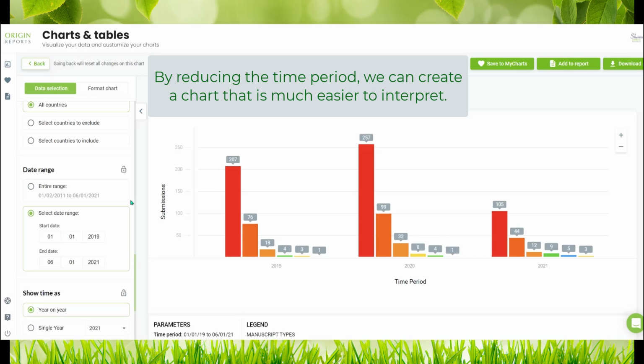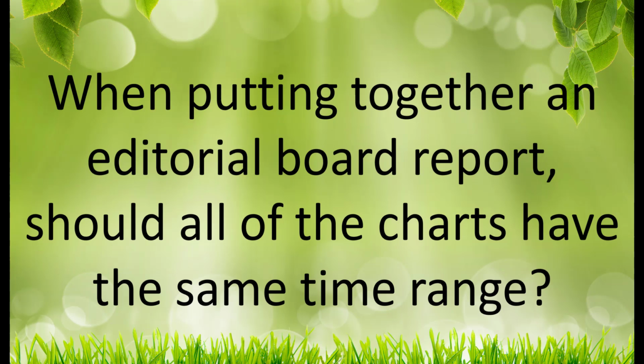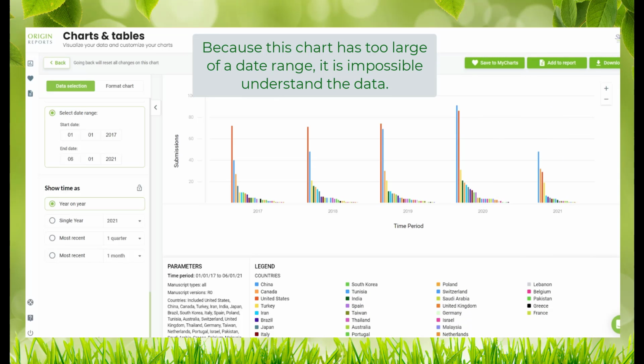Another thing you have to determine is what you're trying to show. The submissions by country is an excellent example. If you were trying to show 5 years of that data, hoping that you have submissions from a large number of countries, that would also be very cluttered.